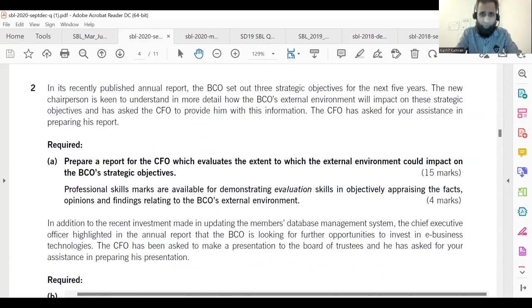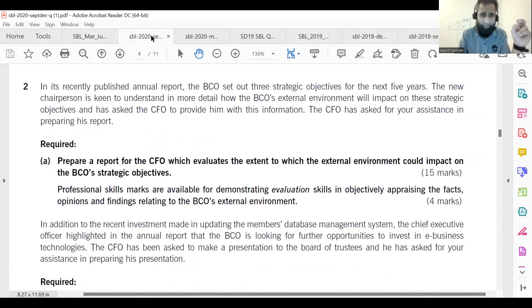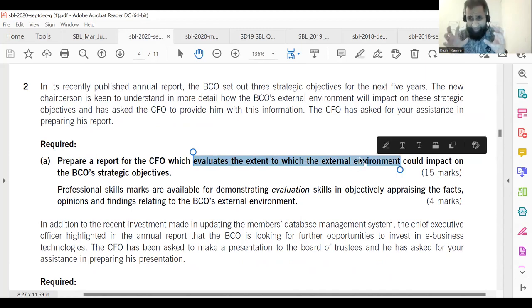Okay, fine. Look at this question in front of you. This is from the December 20, right? And from December 20, the examiner is asking you to prepare a report for the CFO, which evaluates the extent of the external environment. Now, that's quite a pick for every student. That external environment is basically the macro environment, and the external environment is basically the PESTLE. So the examiner is asking something about the external environment and its impact on the company.